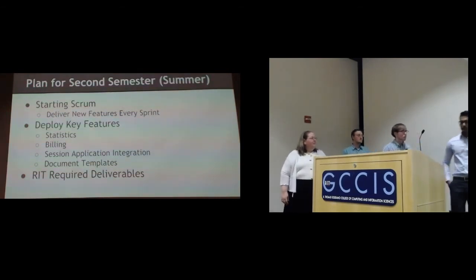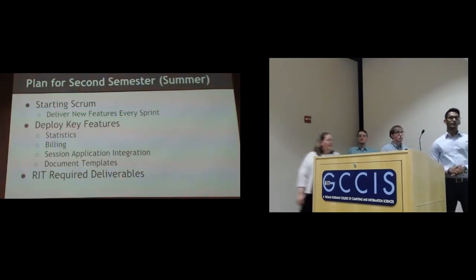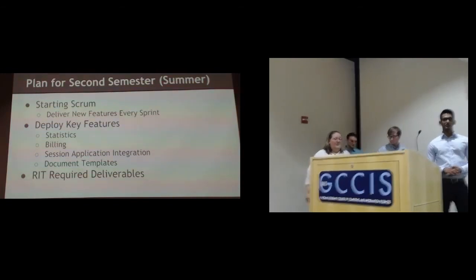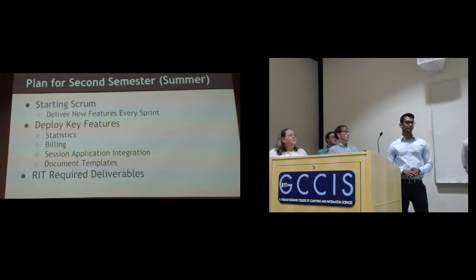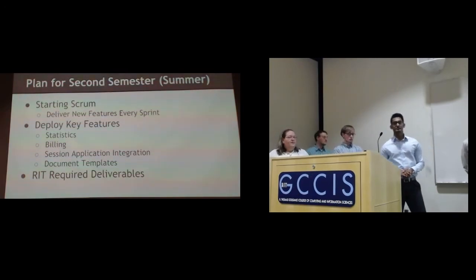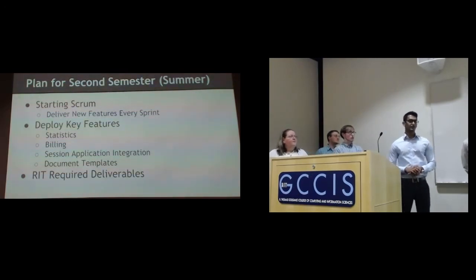So far this semester we did gathering requirements, making designs, and setting up the interfaces. Starting next semester in summer we will be developing features for this sprint. The features include an application for billing, patient information, generating documents, and class sessions.